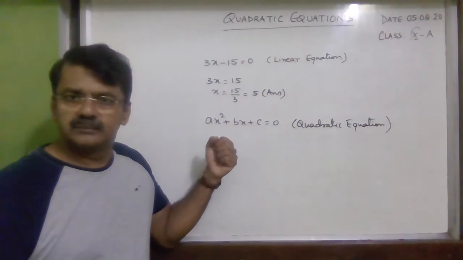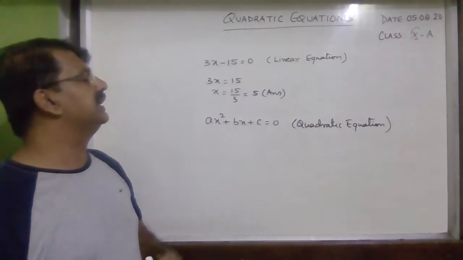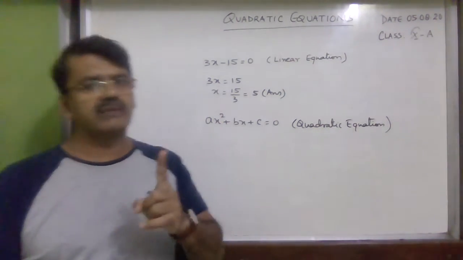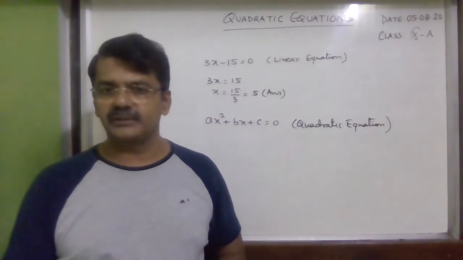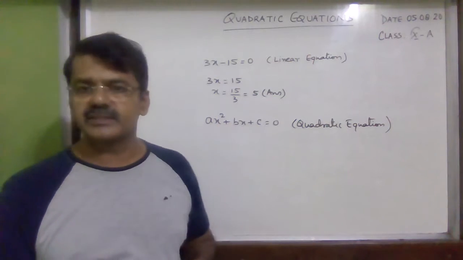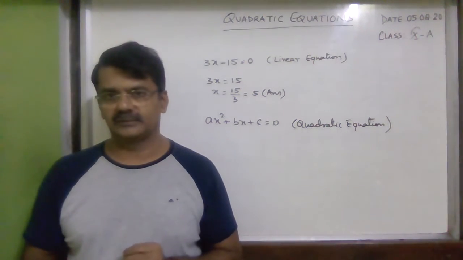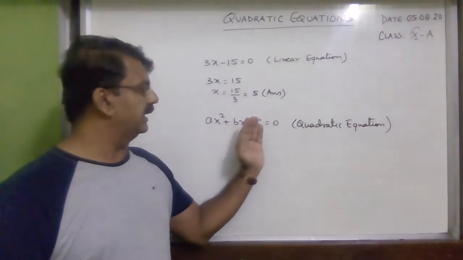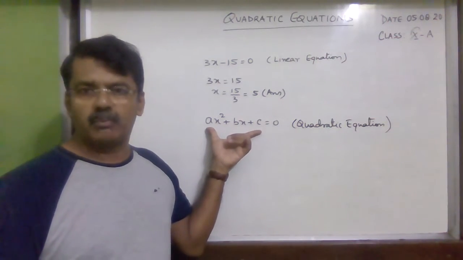Now, when you solve a linear equation, as I have shown you, you will always get one value of x. But whenever you solve a quadratic equation, as the highest power of x is 2, then you will always have two values of x. If we leave that equal to 0 part, then it is a quadratic polynomial.